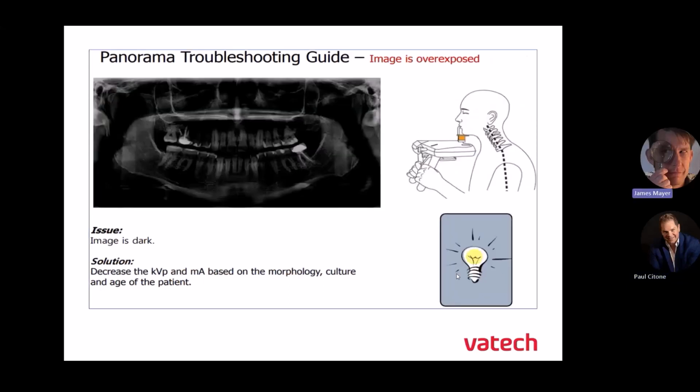The Vatech software, as we just reviewed, auto sets the kV, the mA, and the time based on the age of the patient and the morphology. Sometimes if we forget to set that, or forget to add patient information or change man, woman, and child, this could cause underexposure or overexposure. So always make sure that we have it on the proper patient body type and bone density, and we should not have this issue.